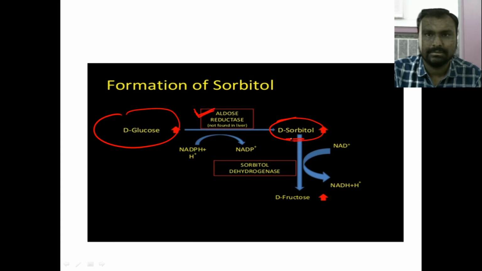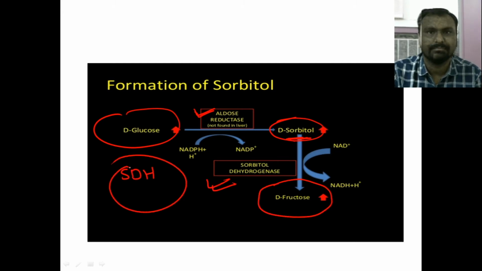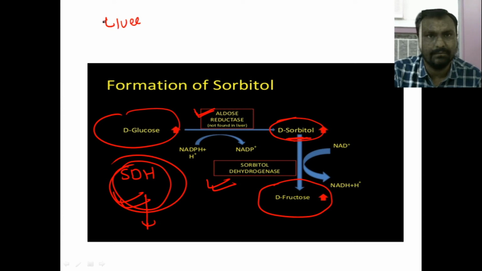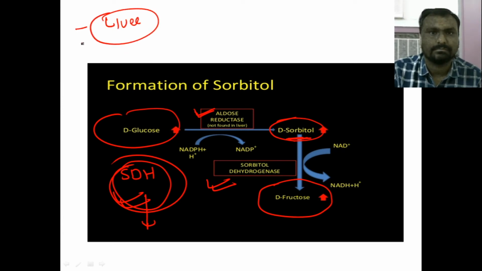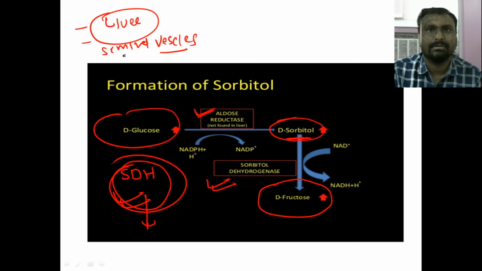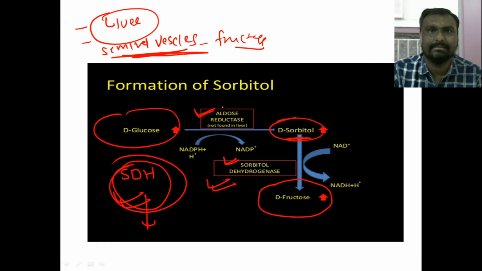Now this sorbitol is converted to fructose by the enzyme called sorbitol dehydrogenase. This enzyme is mainly present in the liver and seminal vesicles. As we know, the seminal vesicle requires fructose as an energy source, so sorbitol dehydrogenase there converts sorbitol into fructose, as in the liver.